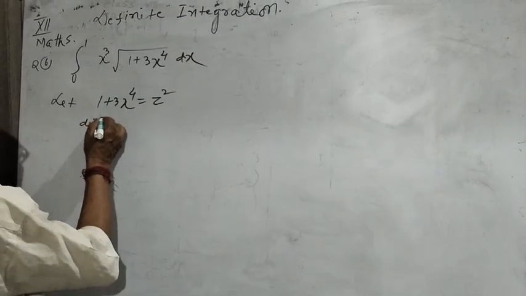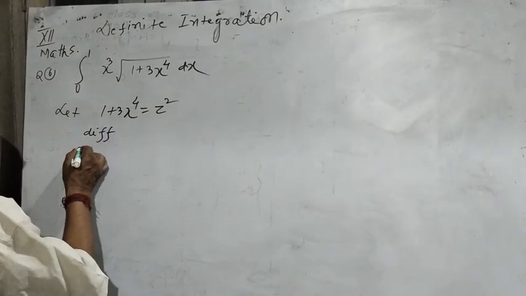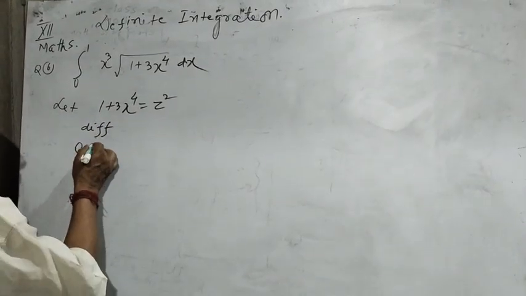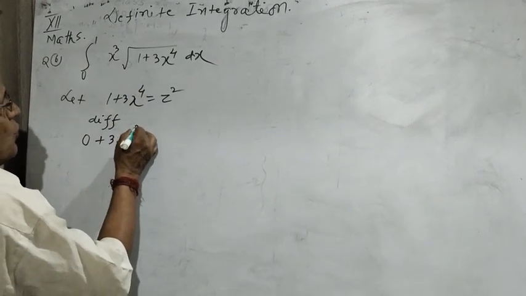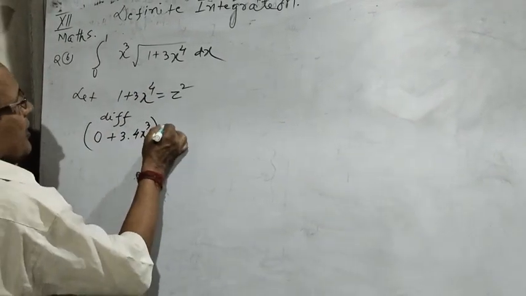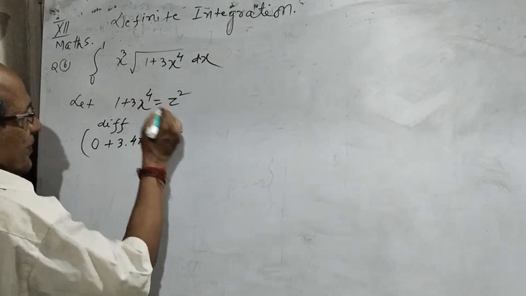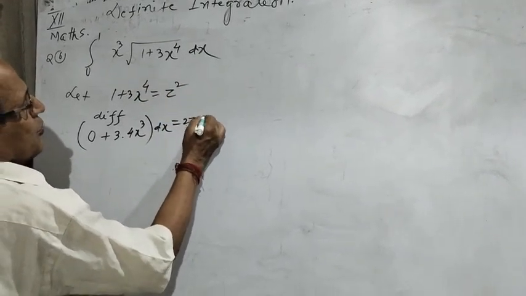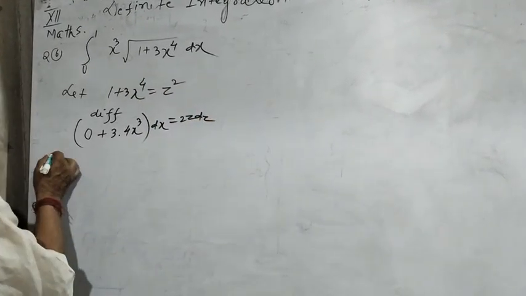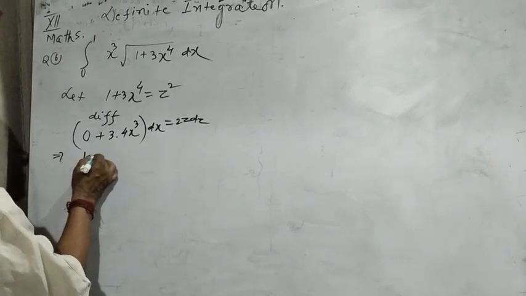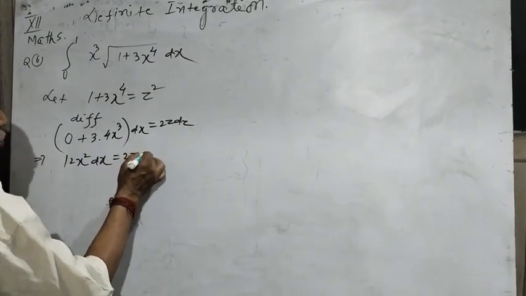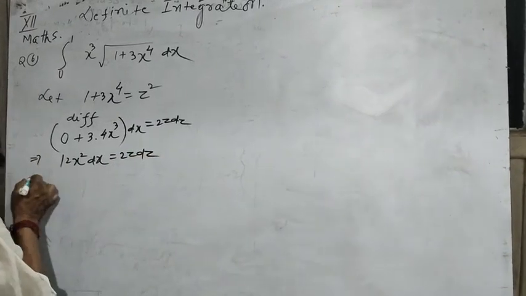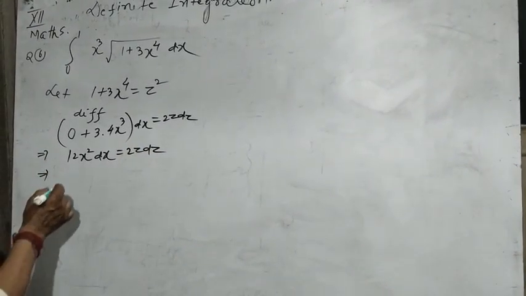Now differentiating both sides, differentiation of 1 is 0, the differentiation of x to the power 4 is 4x cube, and we write down here dx. Differentiation of z square becomes 2z dz. Now it becomes 12x cube dx is equal to 2z dz.